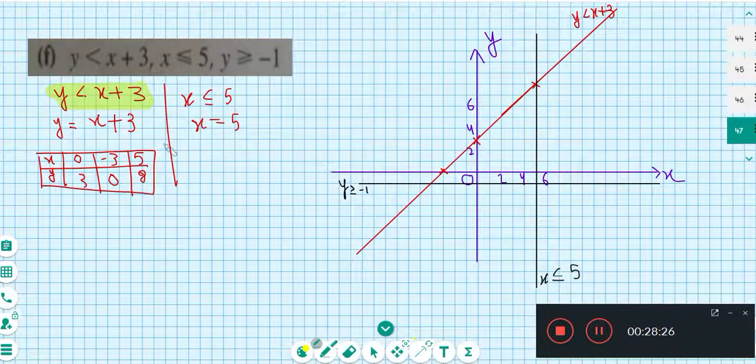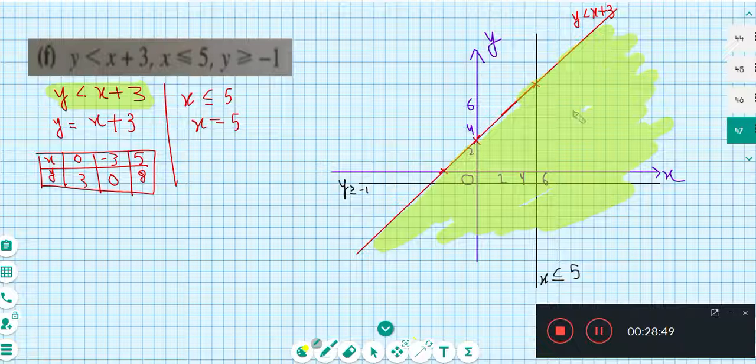Similarly for y equal to 3, the region is below it, so it must be y less than or equal to 3. Clear for this? For the third one, y is equal to 0, the region is above this, so y should be greater than or equal to 0.